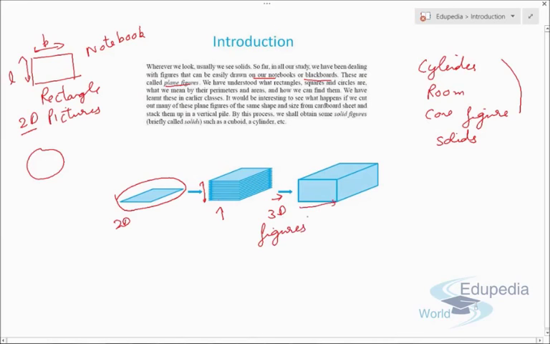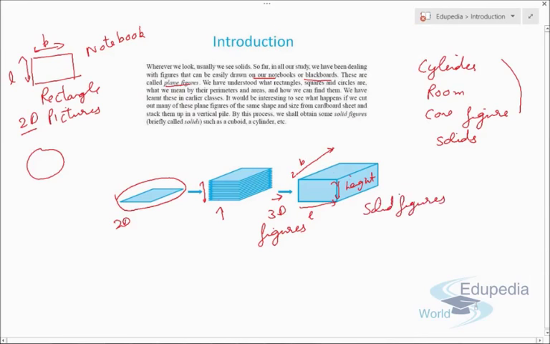Let's say this is length, this is breadth, and this is height. These are known as 3D figures. If we cut out many of these plane figures of the same shape and size from a cardboard sheet and then stack them up in a vertical pile, by this process we shall obtain solid figures. So these are also known as solid figures.